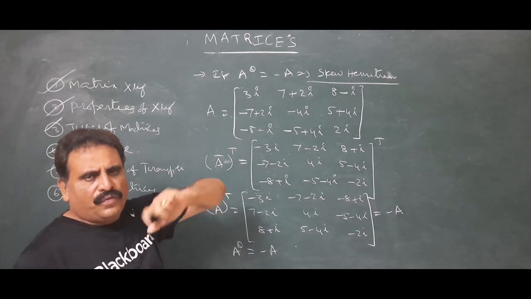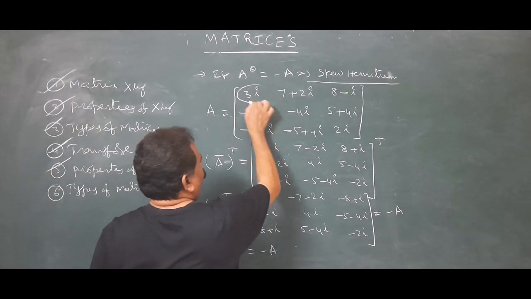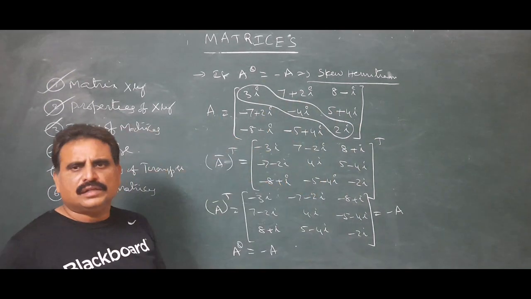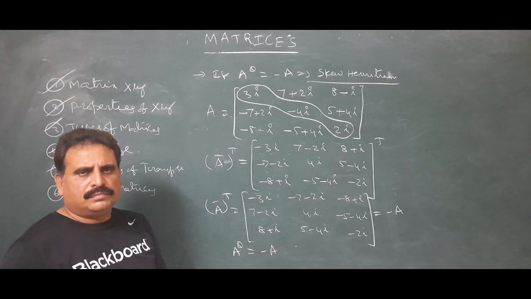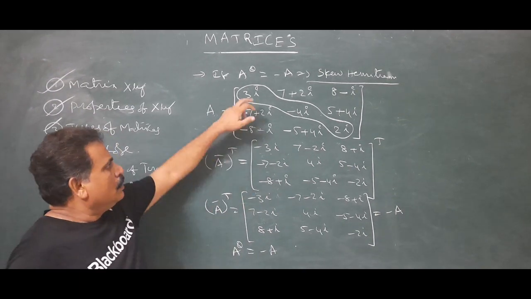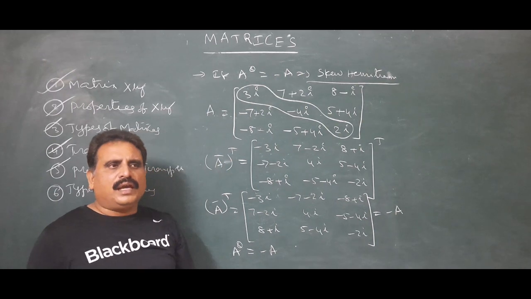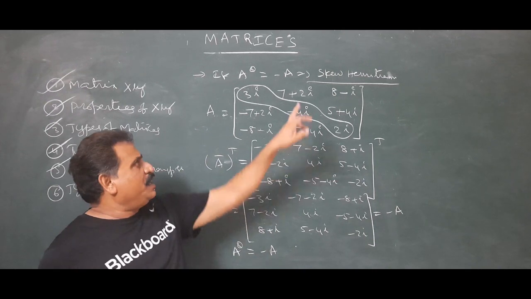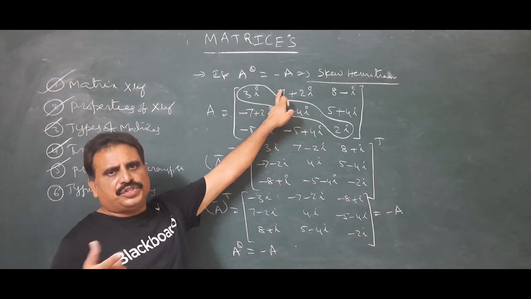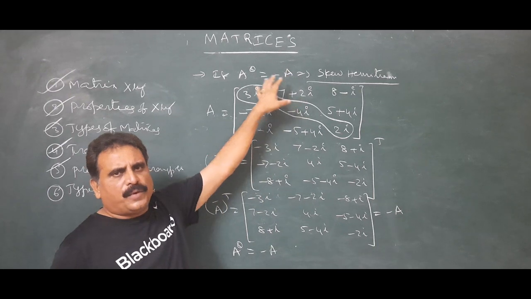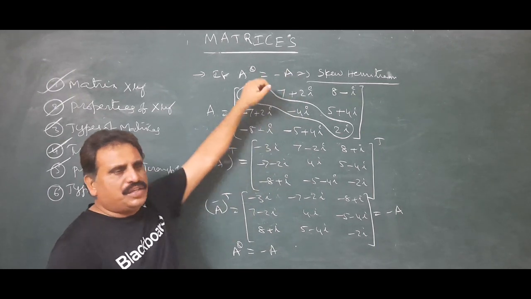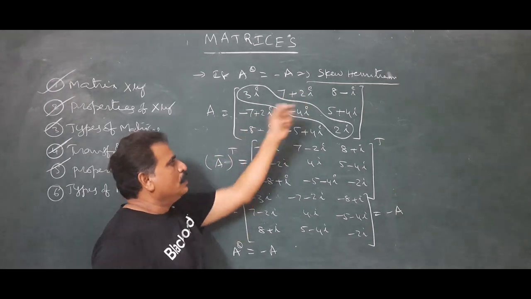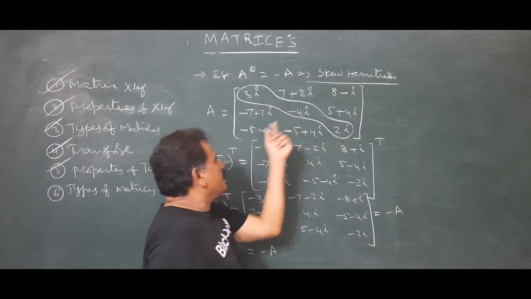In a square matrix, if all the elements in the principal diagonal are purely imaginary, that means i, no real part, purely imaginary or 0, above elements, conjugate with sign change, that means real part sign change: real part 7, sign change, minus 7 plus 2i, imaginary part is same. Real part sign change, that means 7 plus 2i, minus 7 plus 2i down, 8 minus i, minus 8 minus i.